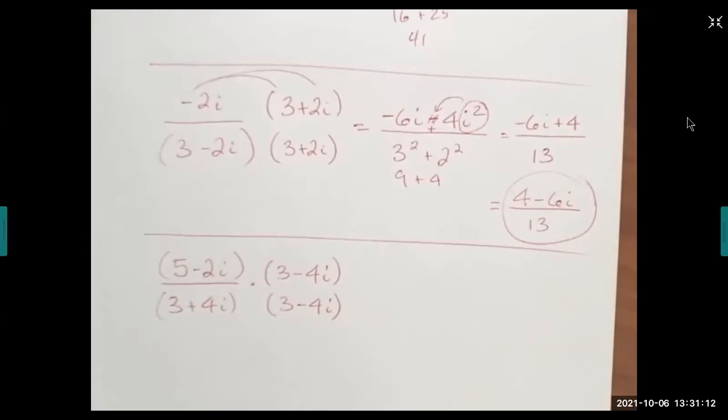First step is multiply by the conjugate. The conjugate is always the bottom number with the sign in front of the i changed.